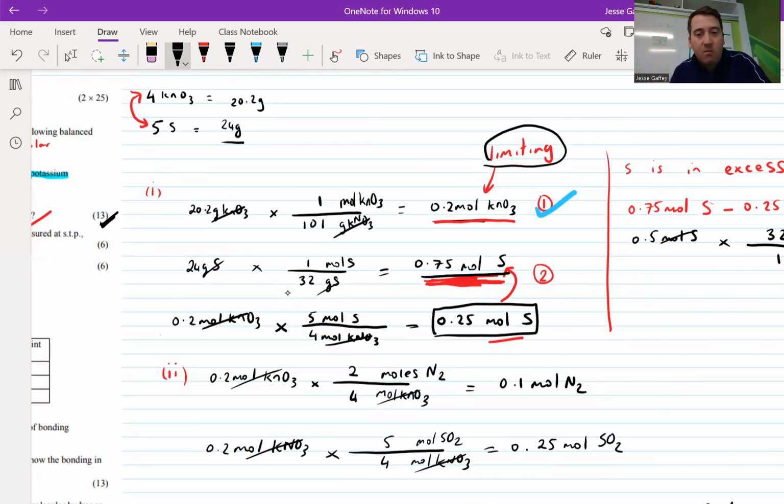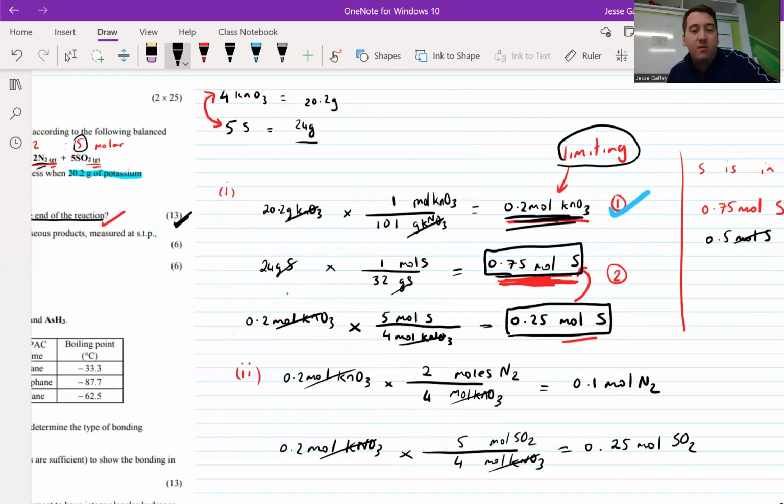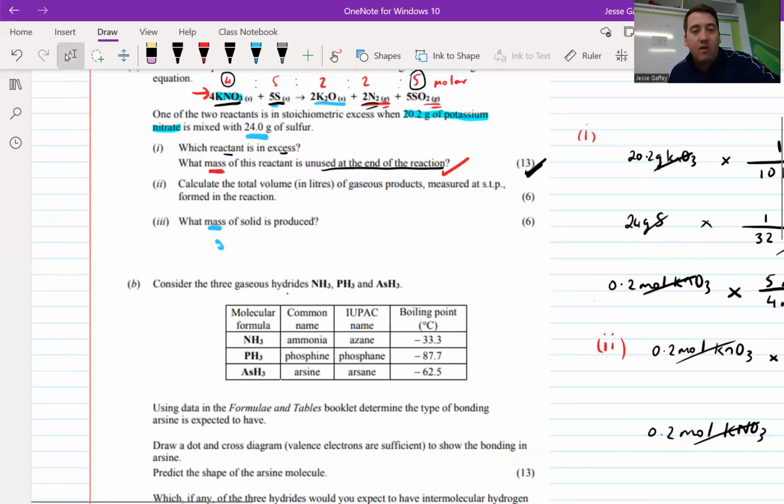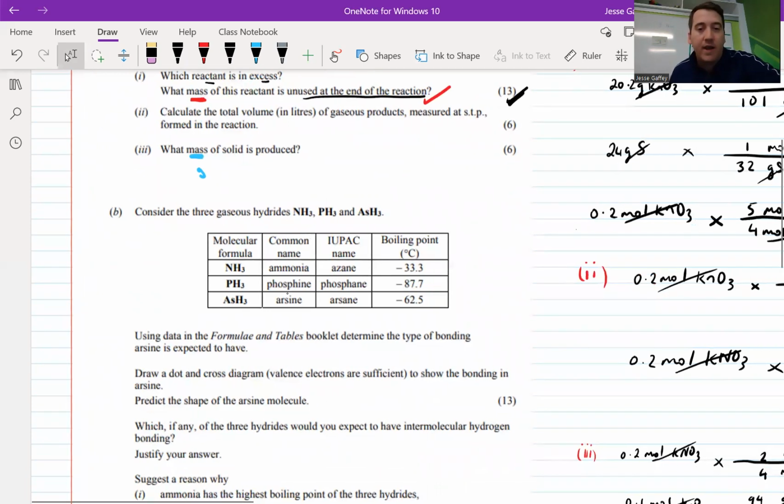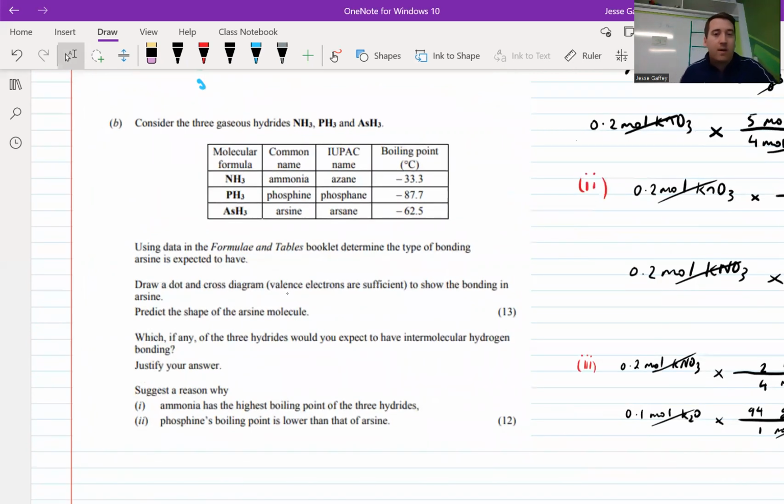If you use this number here, you're going to have way too much product produced. You can't produce that because this one here will run out way quicker. So you have to use the limiting reagent when you're finding out how much of the products were made. We went through that very carefully when we were doing this theory the first time, but you can see how people might have forgotten that. So it's good to practice that and remind ourselves.